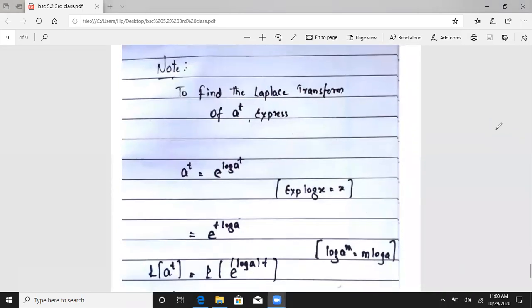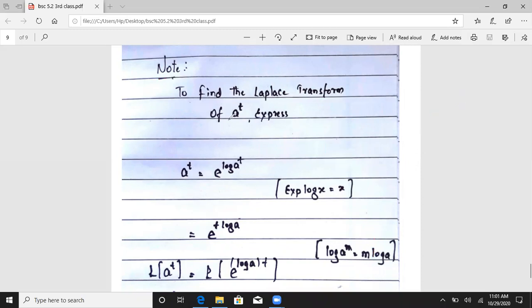And one important note is there. That is, to find the Laplace transformation of a to the power t. The last problem we solved was t to the power n, and here we have a to the power t.